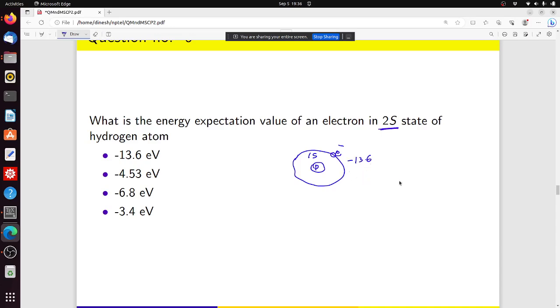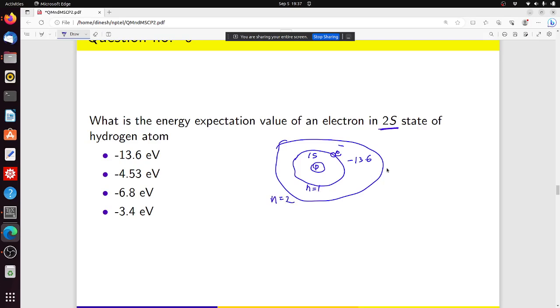Do you know any general formula if it is in some other orbital? What is the quantum number of this ground state? N equal to 1. Yes. The next one, n will be 2.